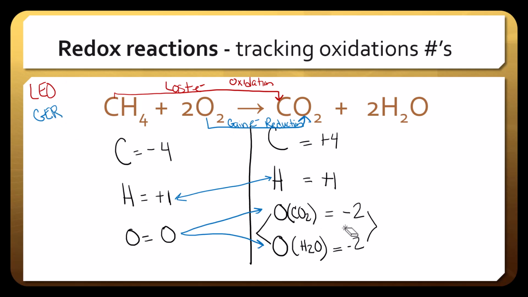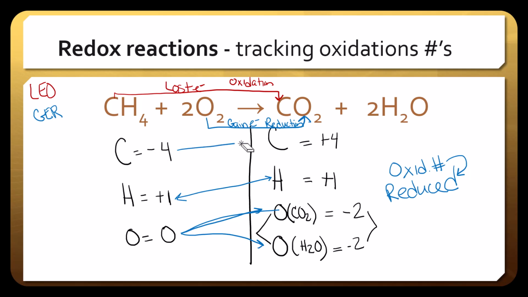Another way that I recognize reductions is the oxidation number gets reduced, or it goes down. So when we went from a 0 to a -2, that number was reduced or it went down. That's where the reduction takes place.